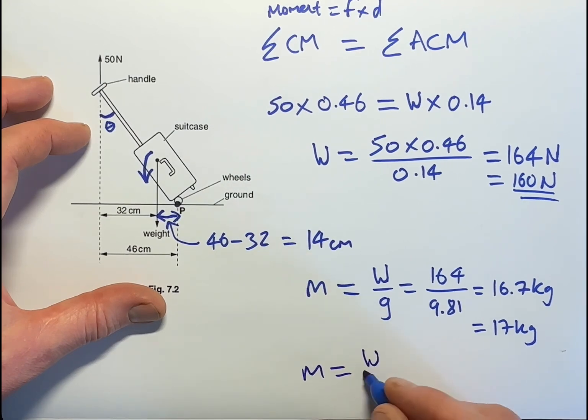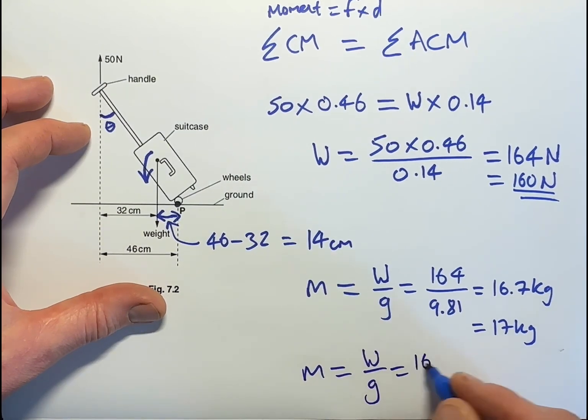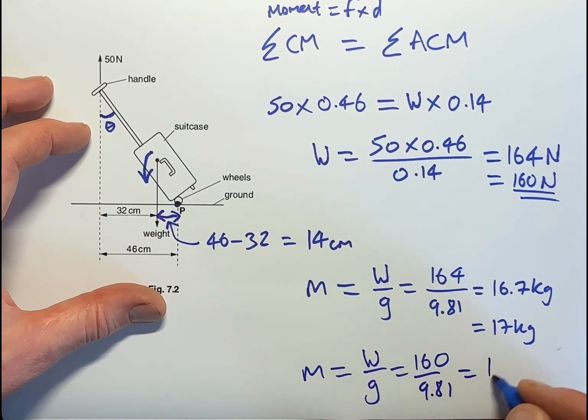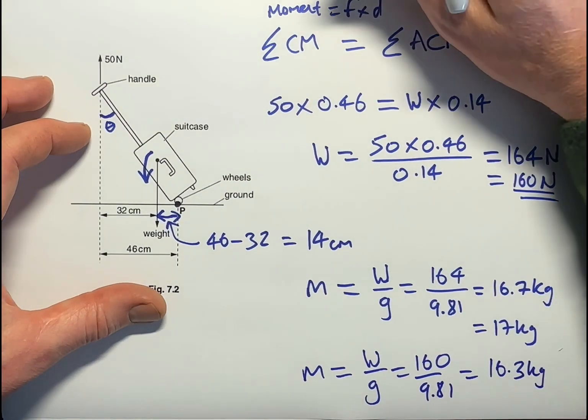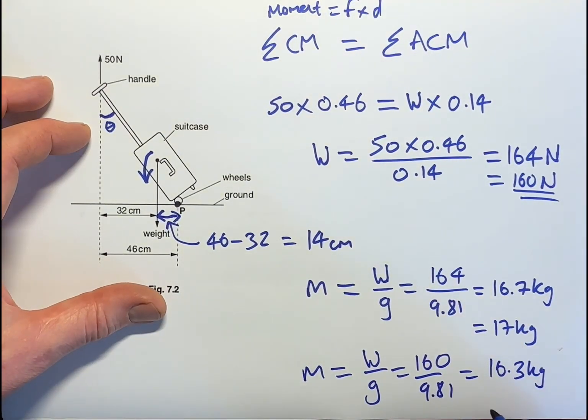This would become 160 over 9.81, which would give you 16.3 kilograms. And that still would get you the full 3 marks. And again, if you rounded that to 2 significant figures and quoted it as 16 kilograms, it would still get you the full 3 marks.